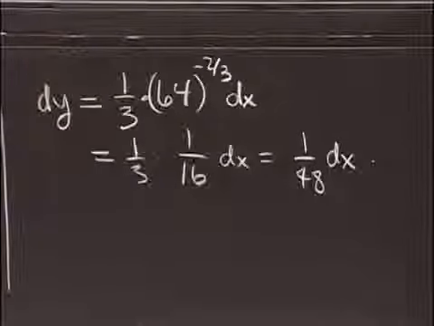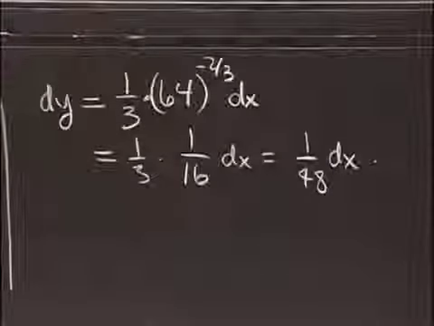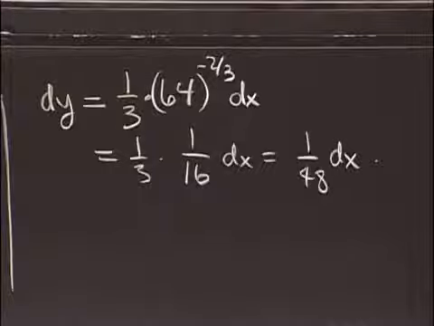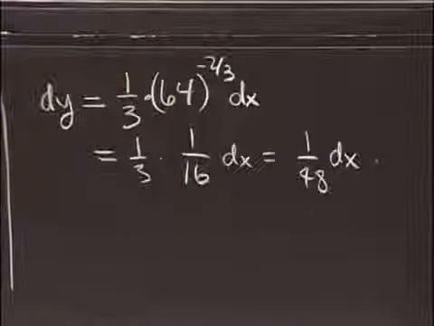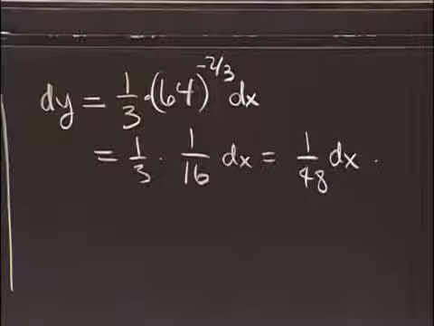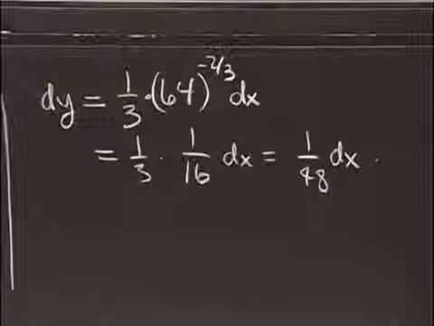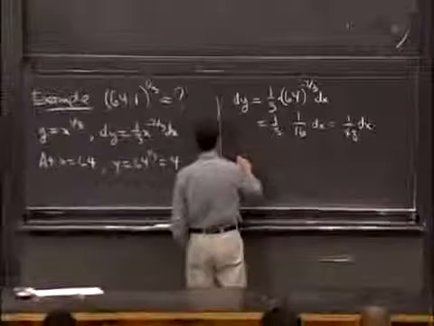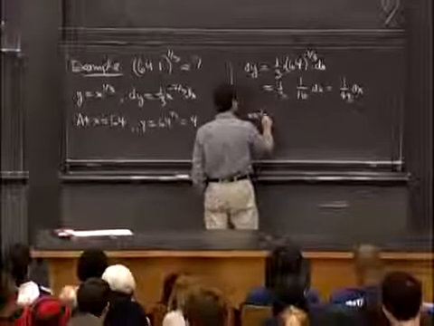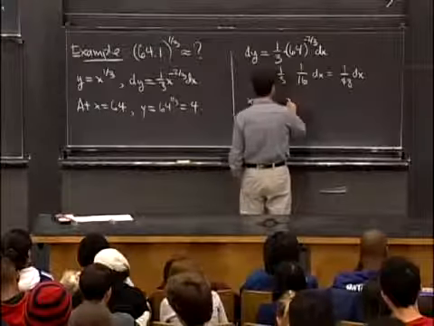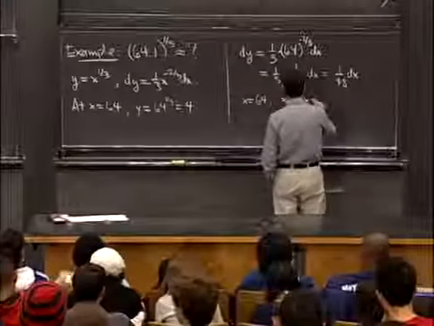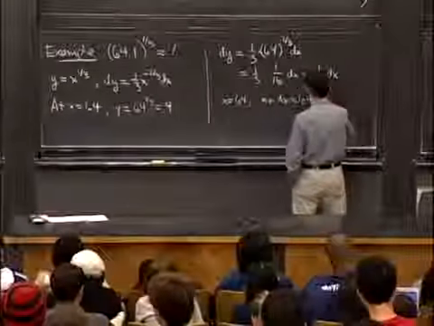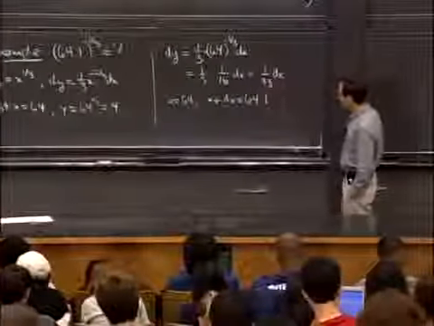And now I'm going to work out what 64 to the whatever it is here, this strange fraction. I just want to be very careful to explain one more thing, which is that we're using x equal to 64, and so we're thinking of x plus dx as 64.1.